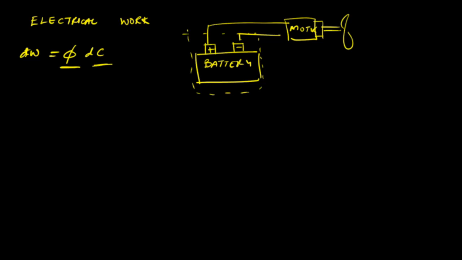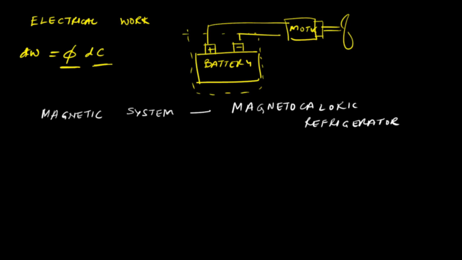Similarly, we can look at an example of a magnetic system. One example of a magnetic system is that of a magnetocaloric refrigerator. So essentially, if you have a material which has these magnetic dipoles, and then you apply a magnetic field B, these dipoles will get aligned. That means the magnetic moment M is going to change.